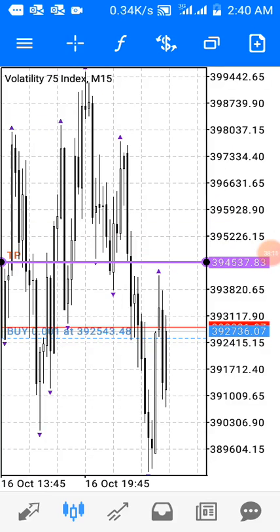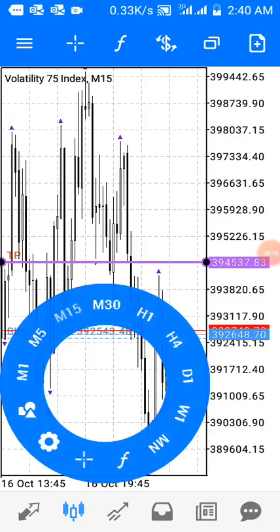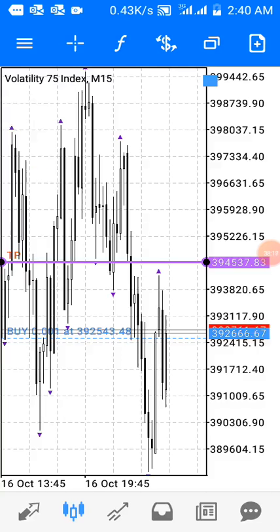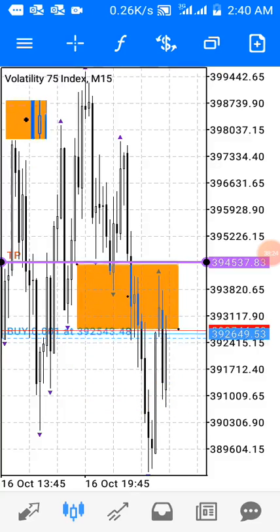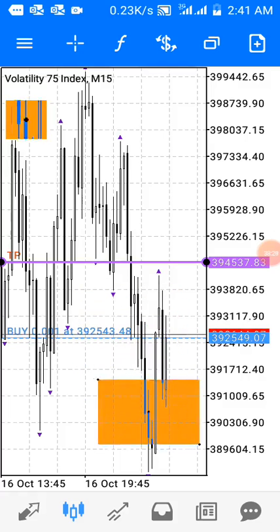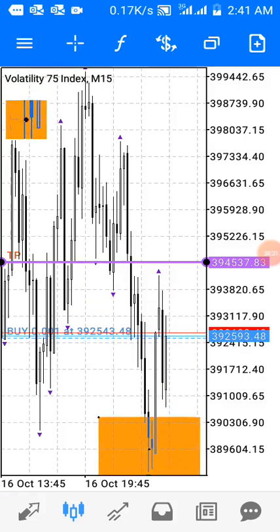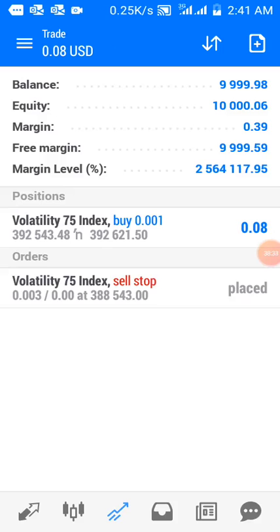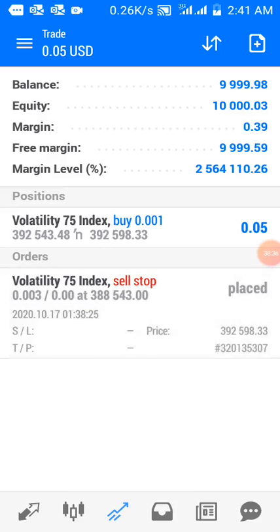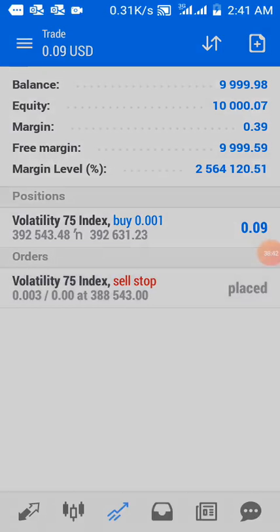But if price now goes down, I'm expecting price to come up here and hit my take profit. But if it goes down and triggers my sell stop at 388543, then I'll set the take profit to be 2,500 points.